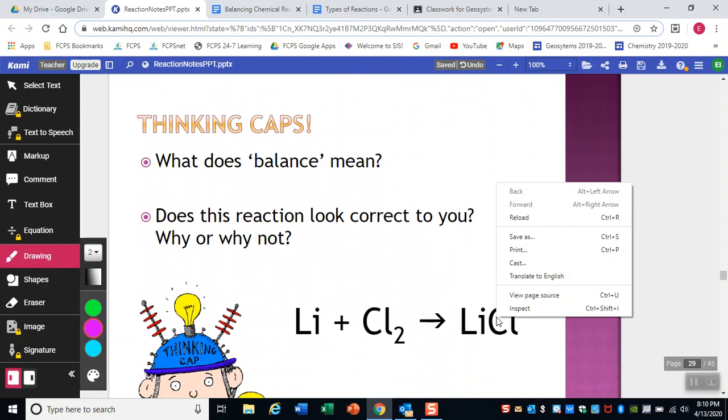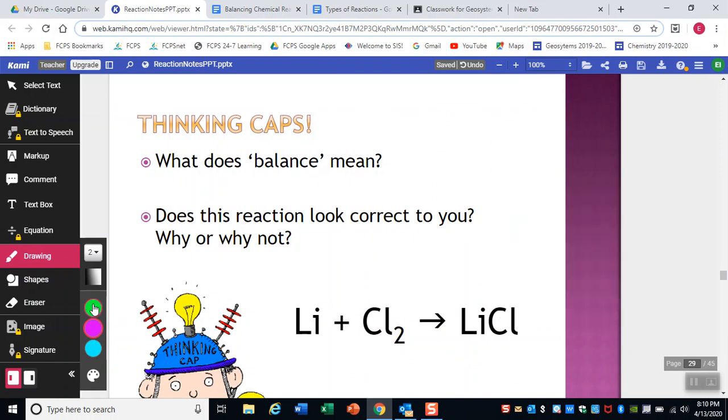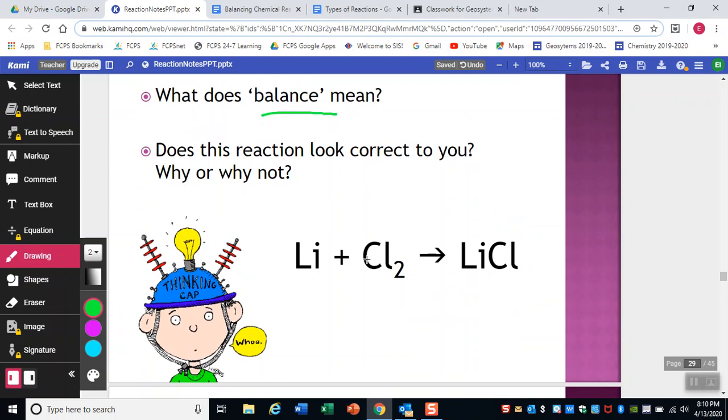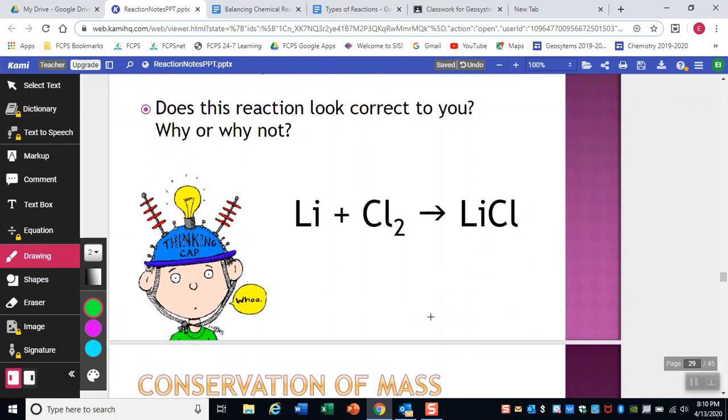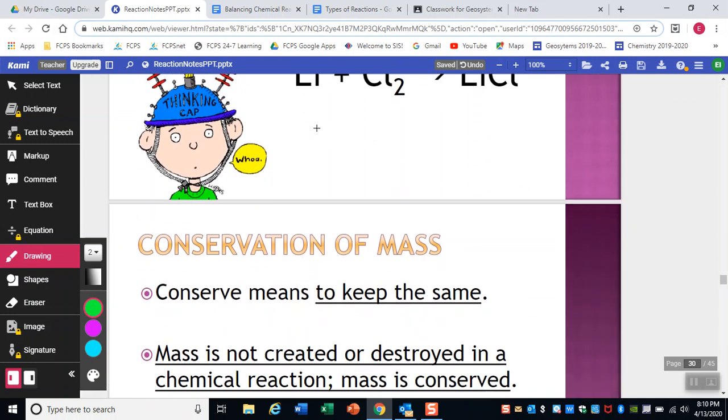Okay, so now we're going to balance the equation. So what does that mean? That means, with the reaction, you want to have the same number, right? Balance means equal, right? The left side is equal to the right side.